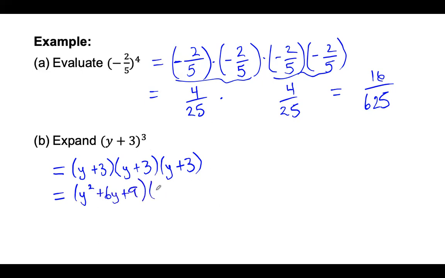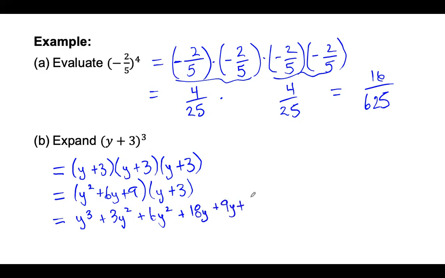Then we have the last bracket. And then we can distribute and multiply everything together. So this is y to the power 3, multiplied by each one. 3y squared. And 9y and 27.